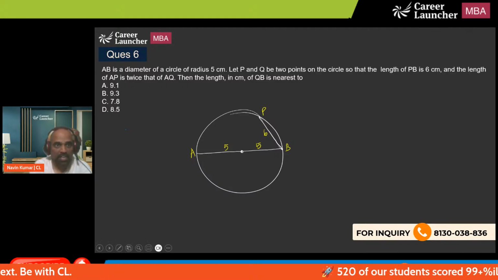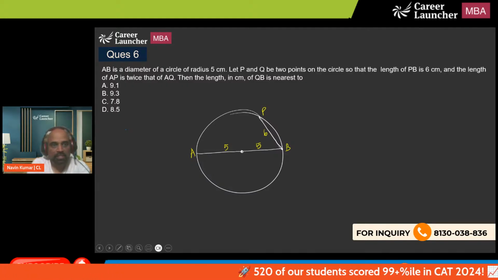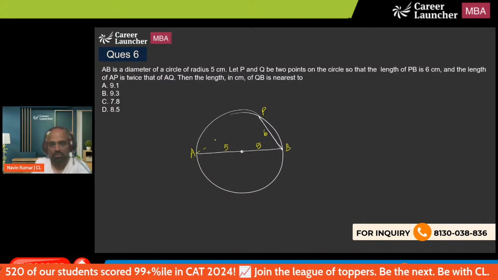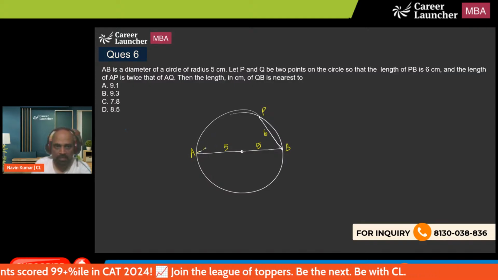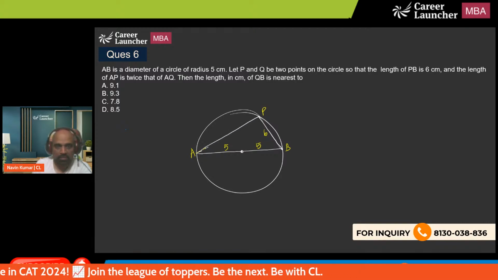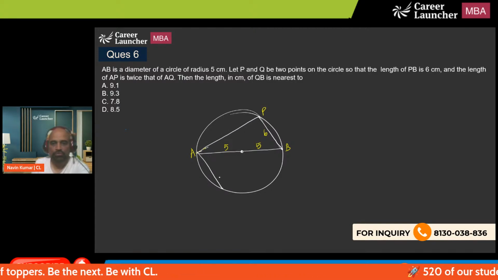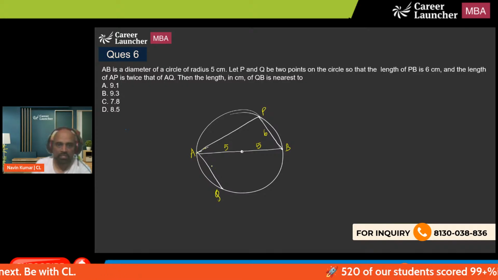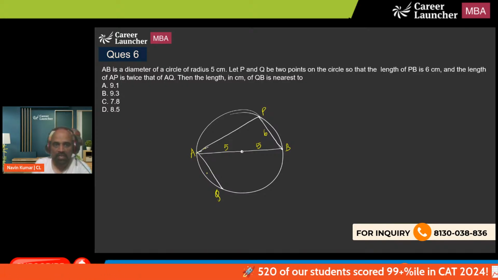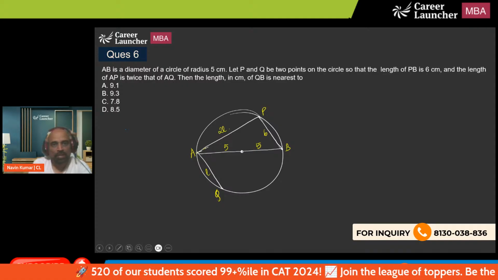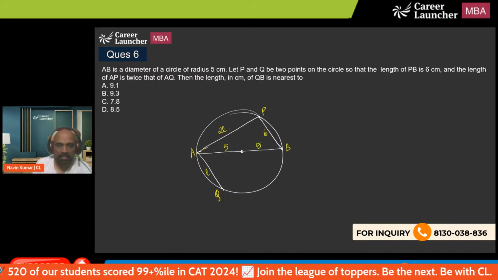And the length of AP is twice that of AQ. So basically this length is 2 times this. So if we call this length L, this is going to be 2L. Find the length of QB to the nearest tenth.